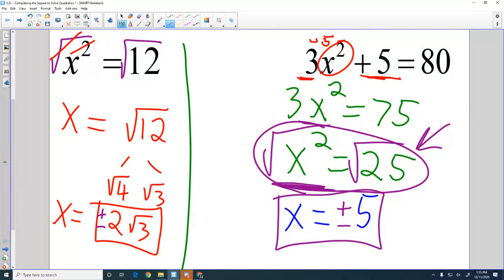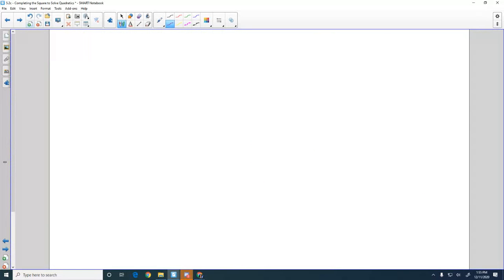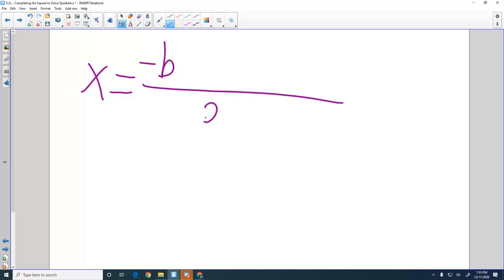Also, just a little side note before I continue on with the lesson, you don't need to write this down. In our quadratic formula, what comes after the negative b? Plus or minus a square root. You ever wonder why there's a plus or minus in front of the square root? That's a weird symbol, right?